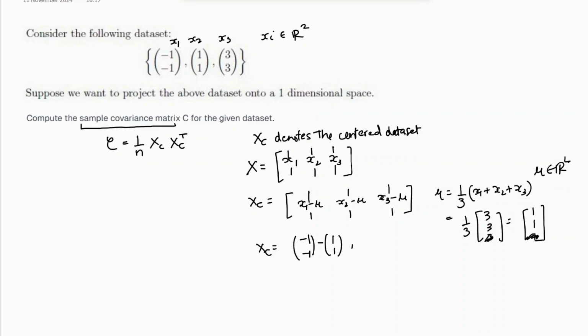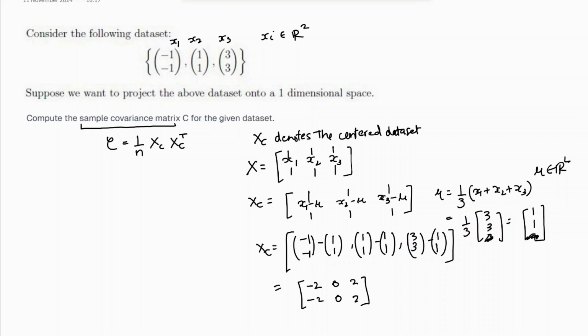The second one would be 1, 1, minus 1, 1. And the third one would be 3, 3, minus 1, 1. Right? So these are the columns. So the first column is minus 2, and then 0, 0, and then 2, 2. Right? So this is the centered matrix.